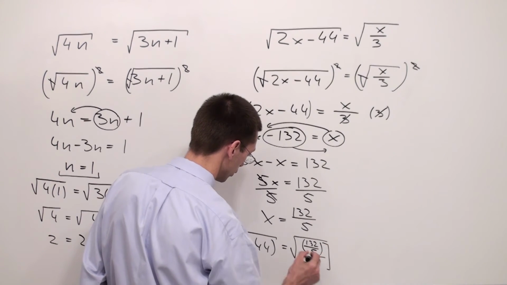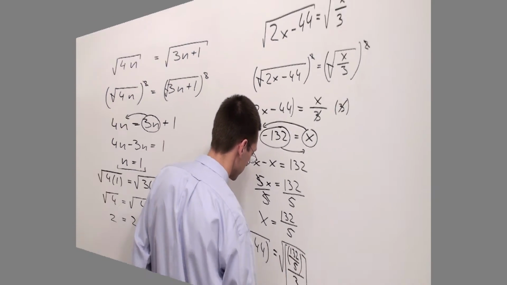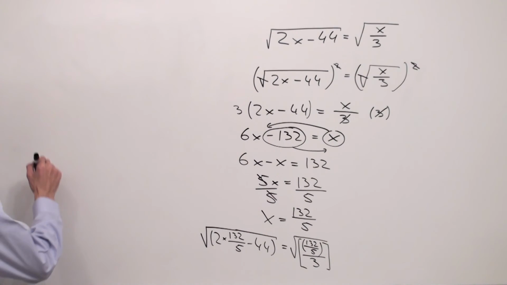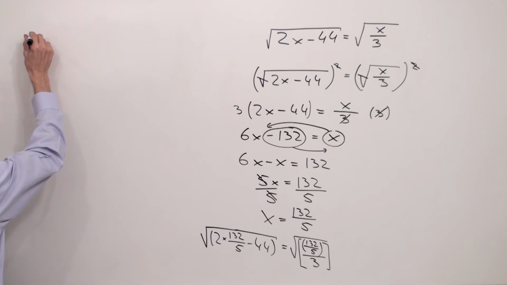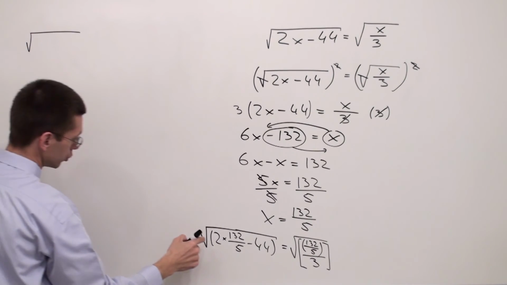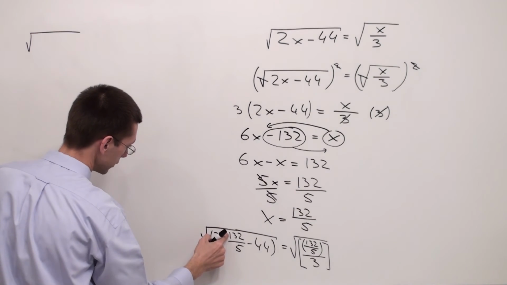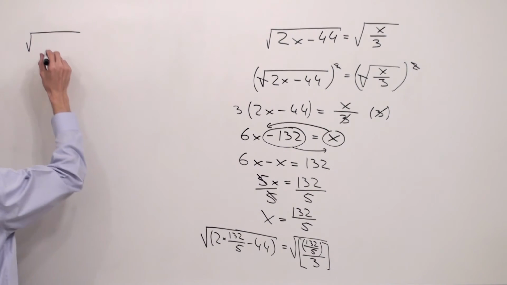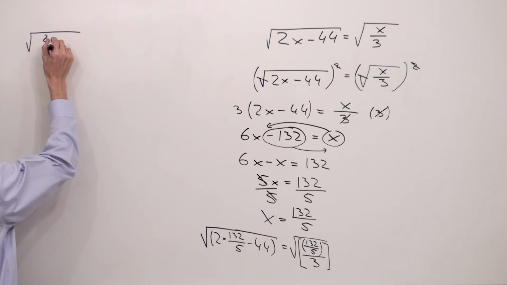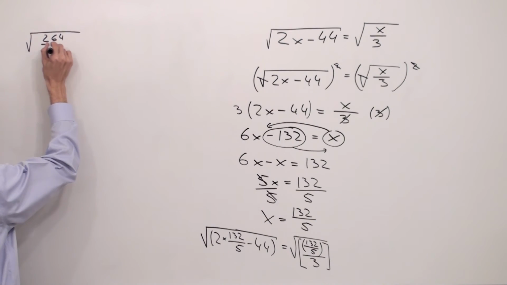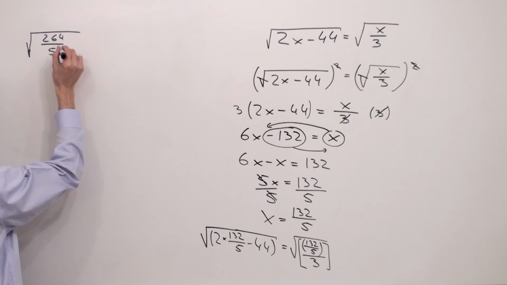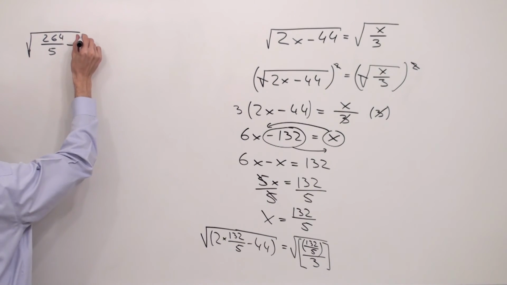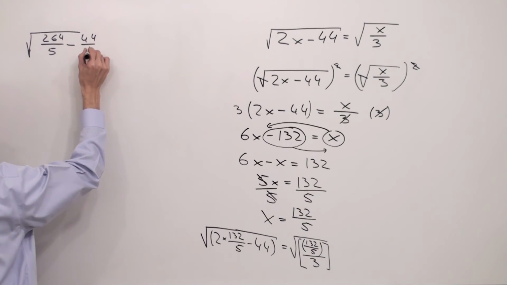I'm going to put this into brackets. Let's rewrite our equation, and we have square root of 2 times 132 is equal to 264 over 5 minus 44 over 1.